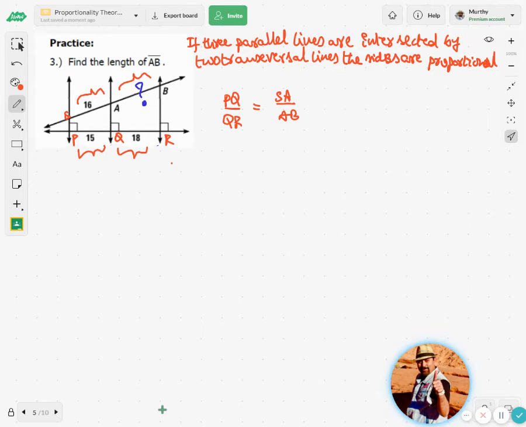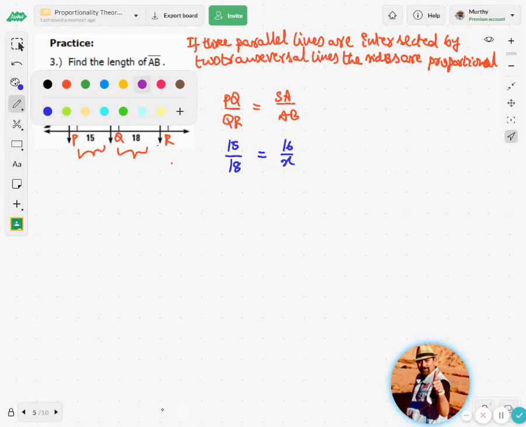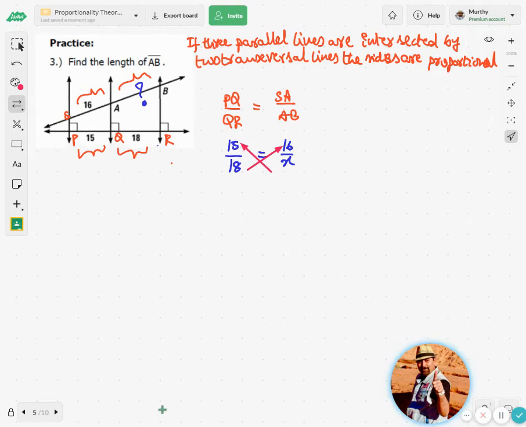So now let me plug in these values. The value of PQ, I see that 15 over 18 equals 16 over x. You know that at this point we go for the cross multiplication and you can compute the value of x. So I want you to compute the value of x. Let's check the answer. 15 times x equals 18 times 16, and we cancel out by dividing by 15 on both sides.